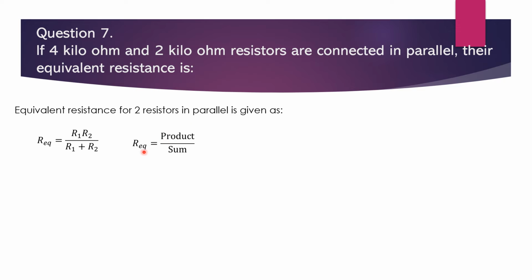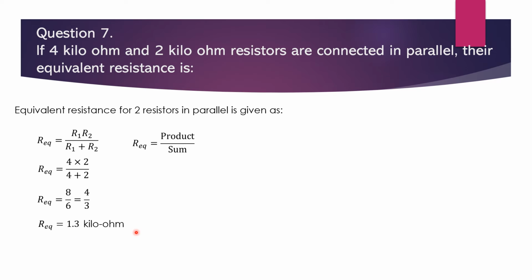That is, equivalent resistance is the product over sum of the two resistors. Here, the product is 4 times 2, the sum is 4 plus 2, that results in 8 over 6, reducing the fraction results in 4 over 3, changing it into decimal results in 1.3 kilo ohm.